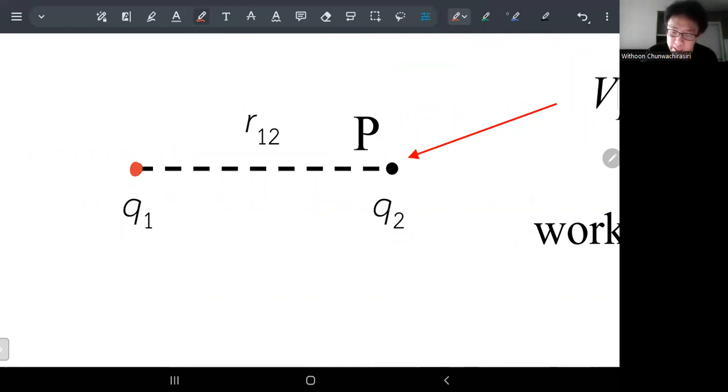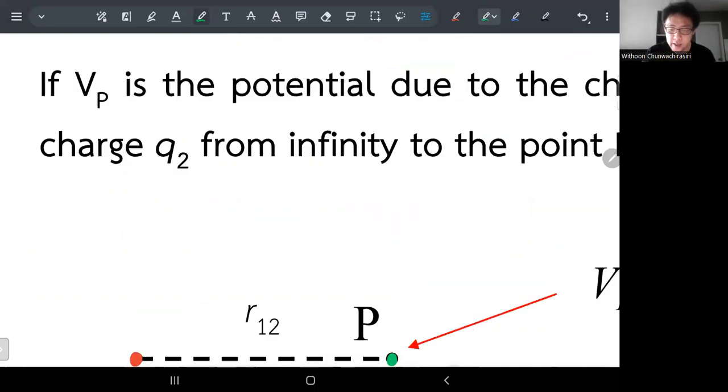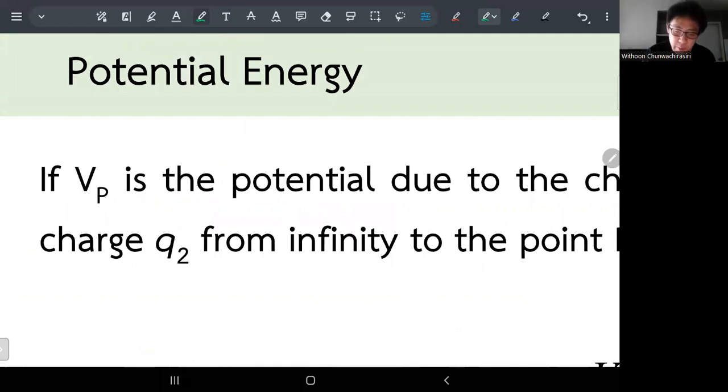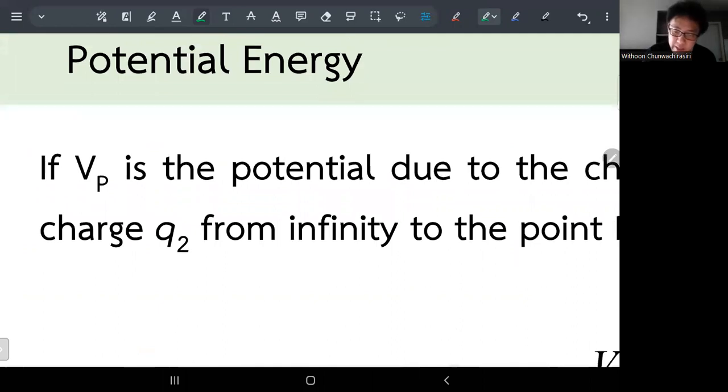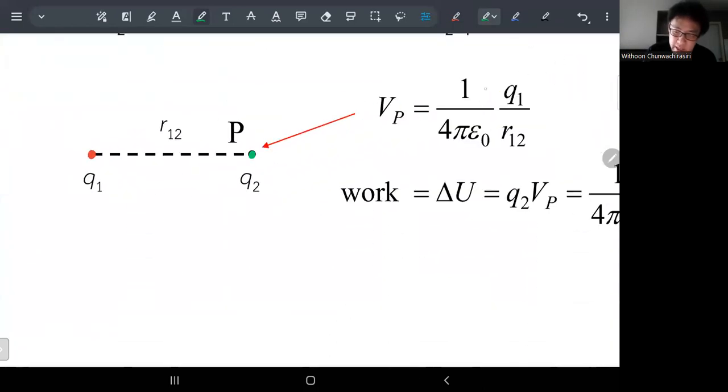You are interested in what is going on at point P. You say, but Ajahn, potential at point P can be calculated very easily. It is just K Q1 over the distance from Q1 to point P, let's call it R12. So this one, check. You know how to calculate potential at point P due to charge Q1.